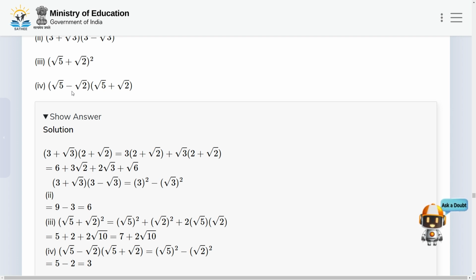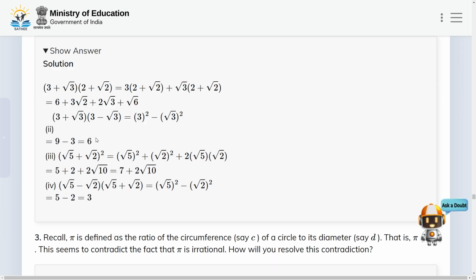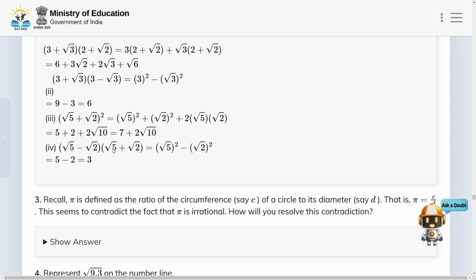So if we use that identity here, then (√5 − √2)(√5 + √2) is equal to (√5)² − (√2)², and this is equal to 5 − 2, and this is equal to 3. Okay, so after simplifying, it is equal to 3. I hope it is clear to you?